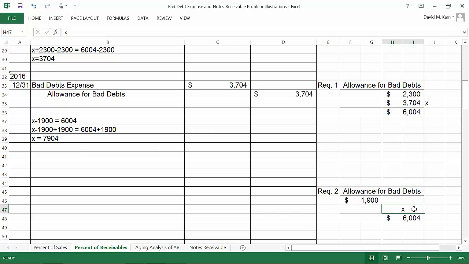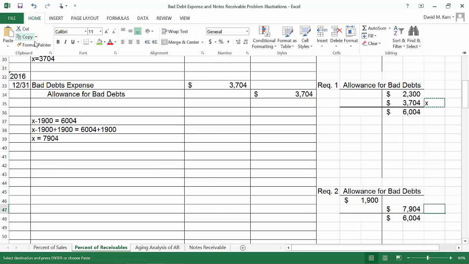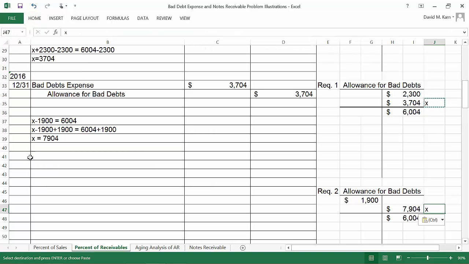Okay, so we'll take X out of here, put 7,904 there, and I'll copy this and put that down here again for you, so you have that X there so you can identify that. Then our adjusting entry in requirement 2 would be the same accounts again, except the number will be, oops, let's get down to 12/31.